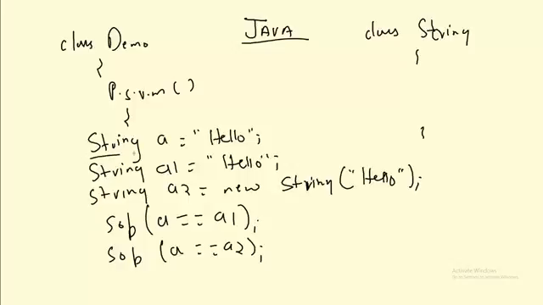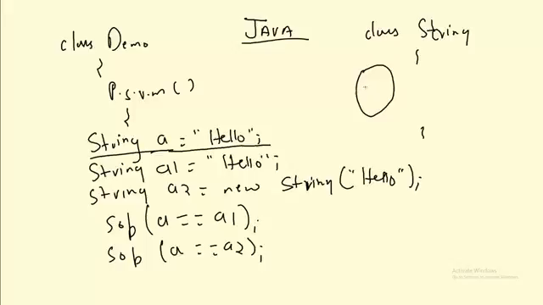See, this String a is equal to "hello". Without using the new keyword, I am able to create an object. So, this line of statement in JVM will allocate memory inside the heap.